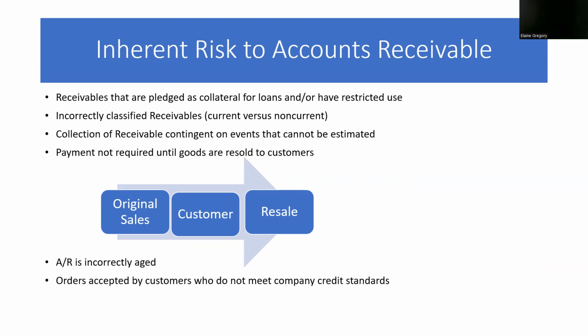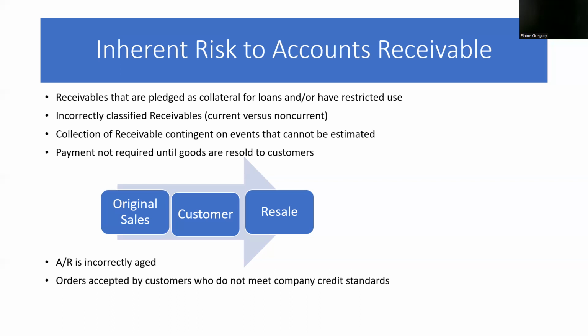Is our accounts receivable pledged as collateral for loans, or does it have restrictive use? What happens if that collateral falls through? Have we incorrectly classified receivables in the financial statement? Are we identifying them as current versus long-term or non-current?